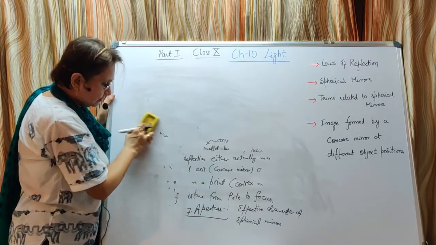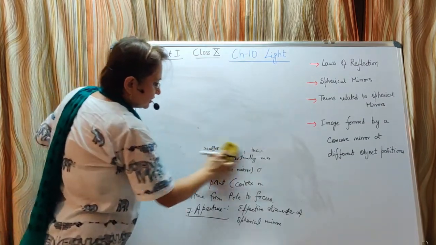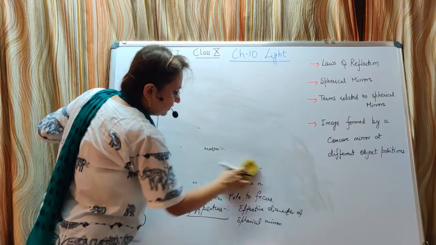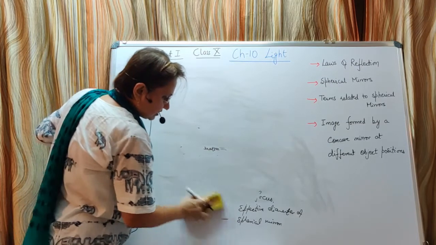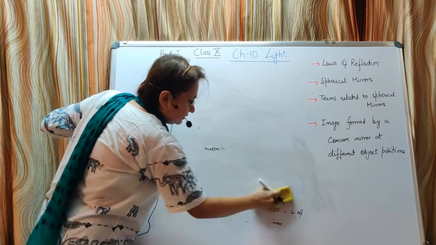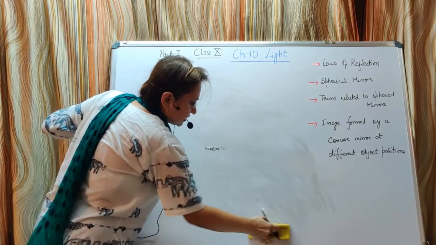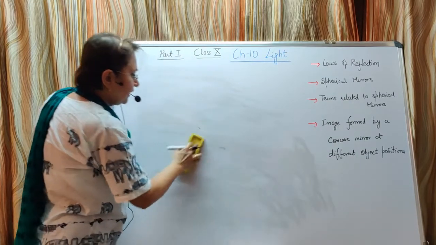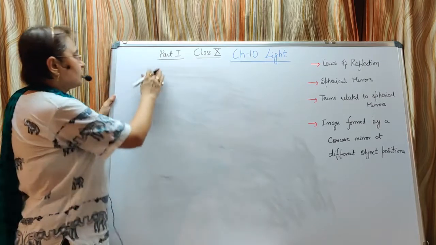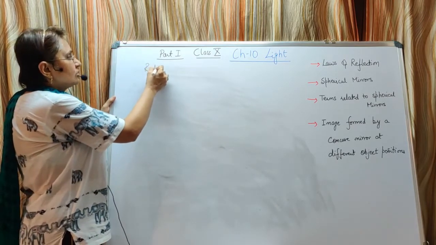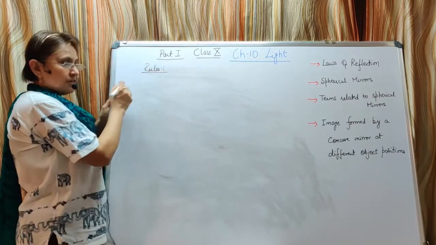The first rule is, a ray of light which is parallel to the principal axis, after reflection either actually passes through the focus or appears to pass through the focus, as in case of a concave mirror.